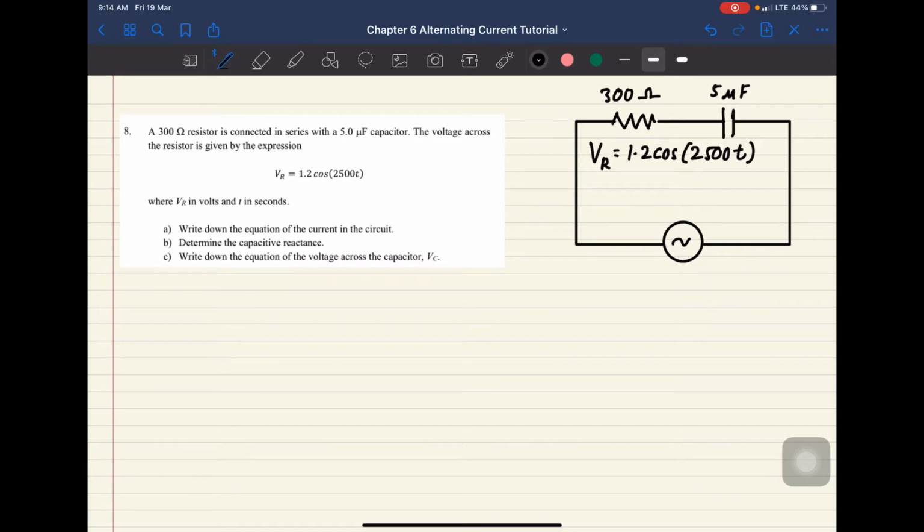So if I want to use the general equation, I equals I naught, maybe I can write this in terms of cos, because I'm following the VR over there.